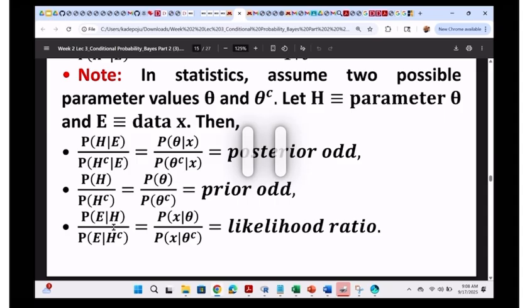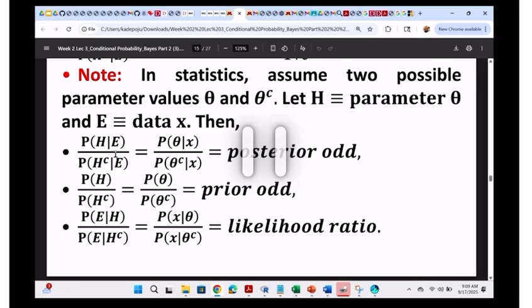Now, if I combine the prior with the likelihood, we're going to have the posterior. What you have at the top is what we call the posterior. The posterior will enable us to update our prior belief upon seeing evidence.